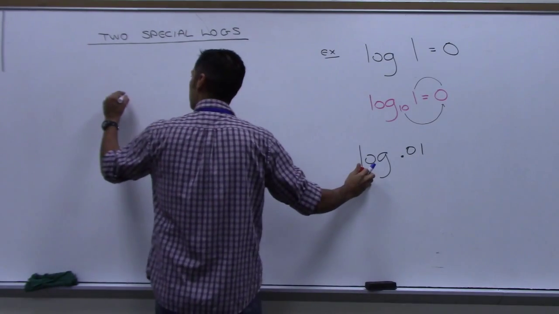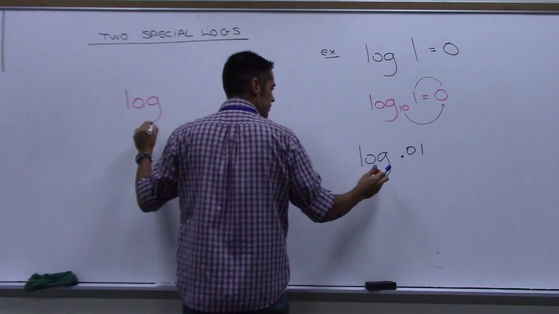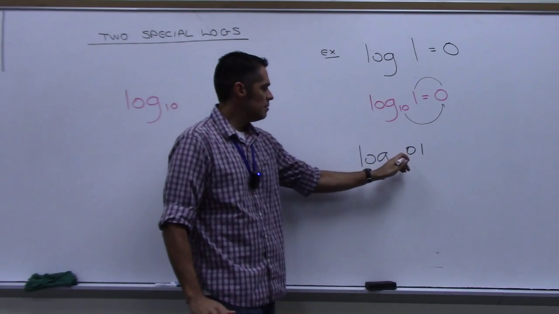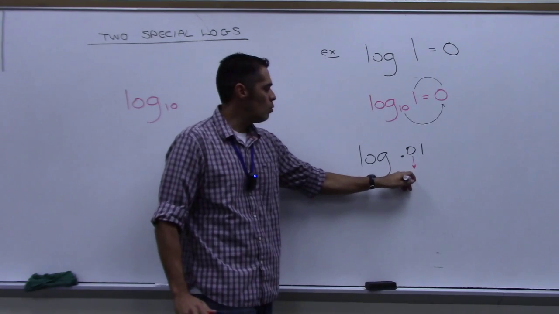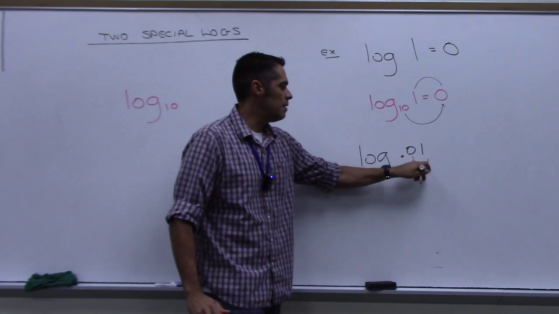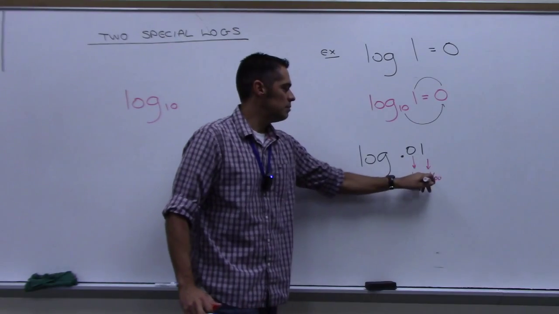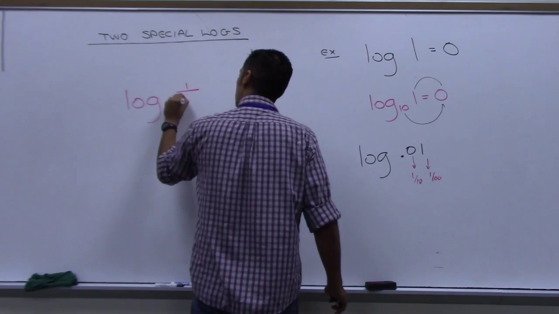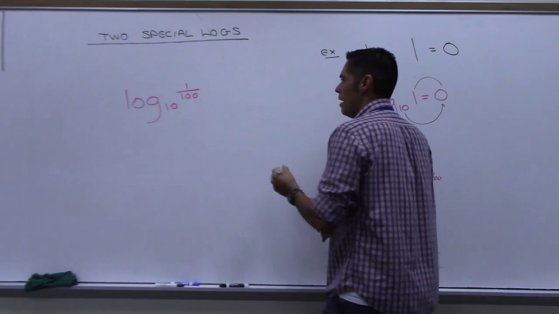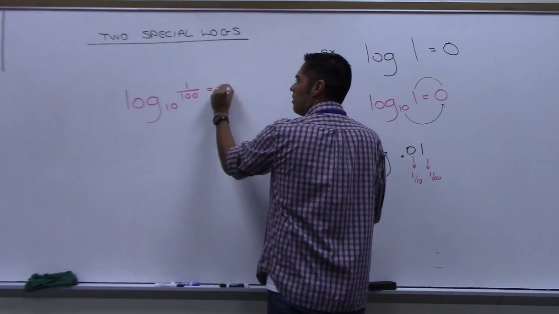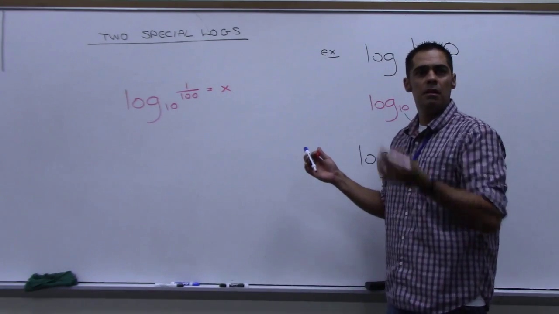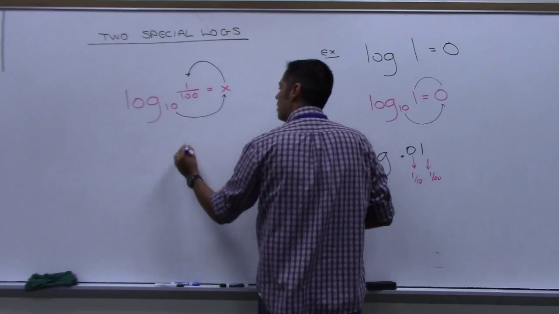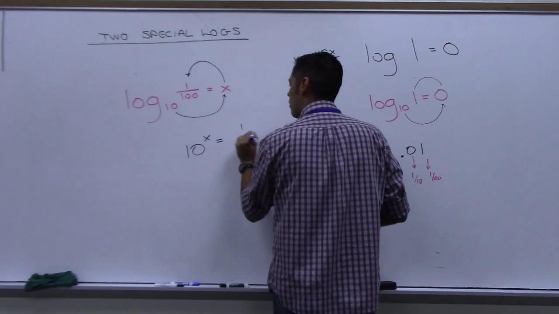This really means log base what? 10. And then isn't 0.01 the same as, remember the positions here, 1/10? These are our tenths. These are our hundredths. So isn't this 1/100th? So I can put this as 1 over 100. And then if I'm saying what is this, I could call this side anything I want, call it x, and then draw your little loop. And this becomes 10 to the x is 1 over 100.